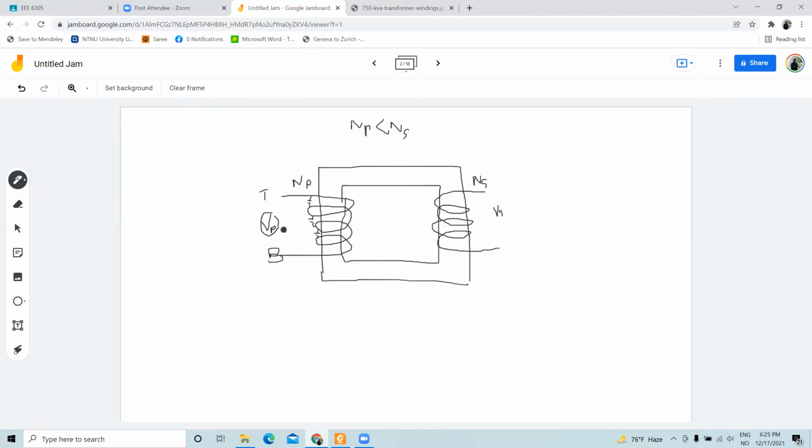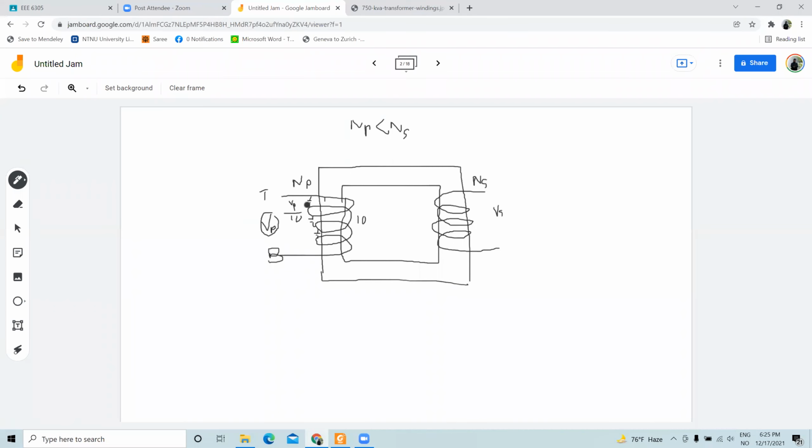Now in a steady state condition, let's say you have only 10 windings from top to bottom, and you have VP applied. Then across each of these windings, you will have VP divided by 10 voltage, isn't it? Yes, sir.